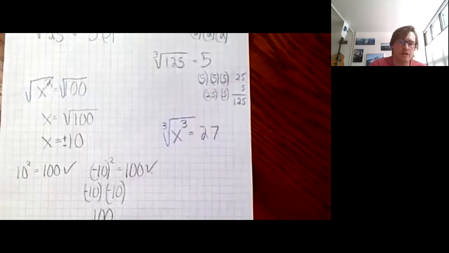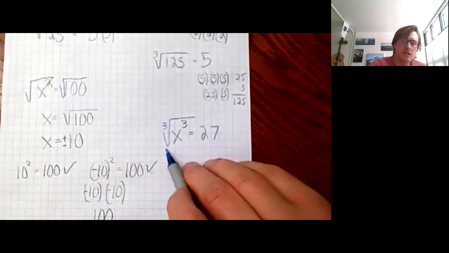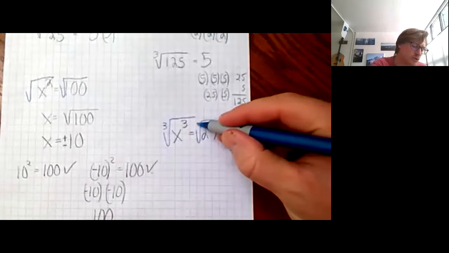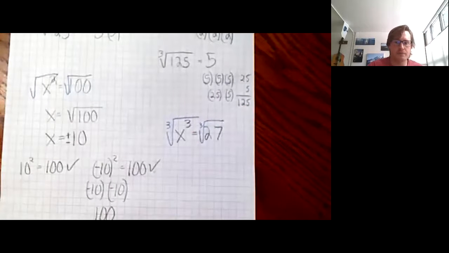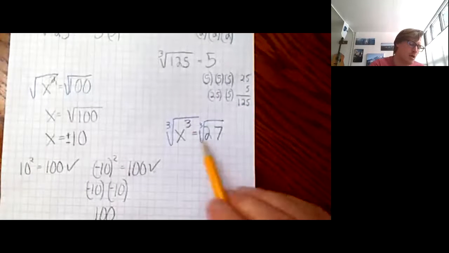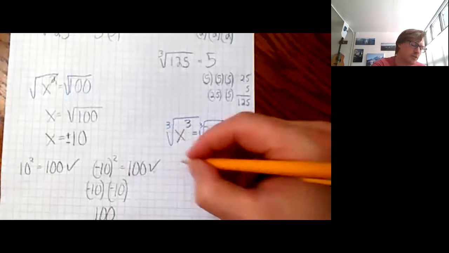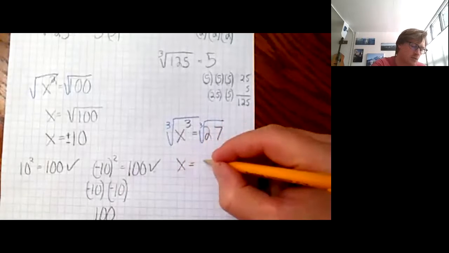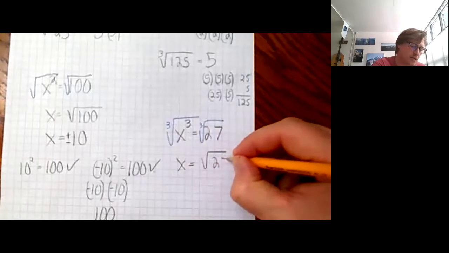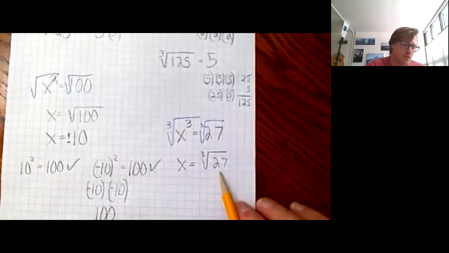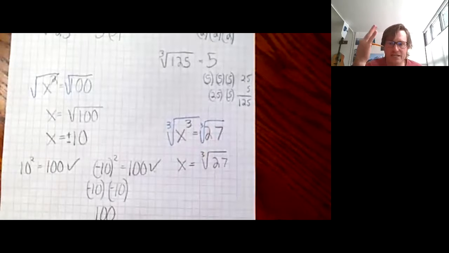Don't forget your 3 there. Cube root the left side, cube root the right side. My cubes are going to cancel each other out, so this is going to become x equals the cube root of 27. So this is like saying what number multiplied by itself 3 times equals 27.